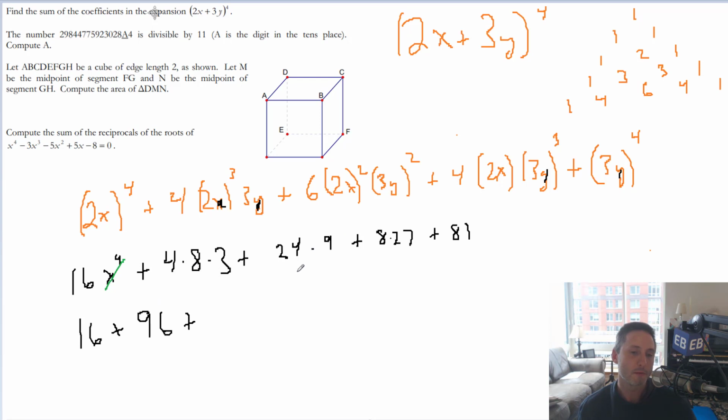Plus 24 times 9, that's 240 minus 24, which I think is 216. 8 times 27 is 216 as well. Is that right? 2 cubed times 3 cubed is 6 cubed. Yeah, 216 again. Plus 81. So it looks like 432.